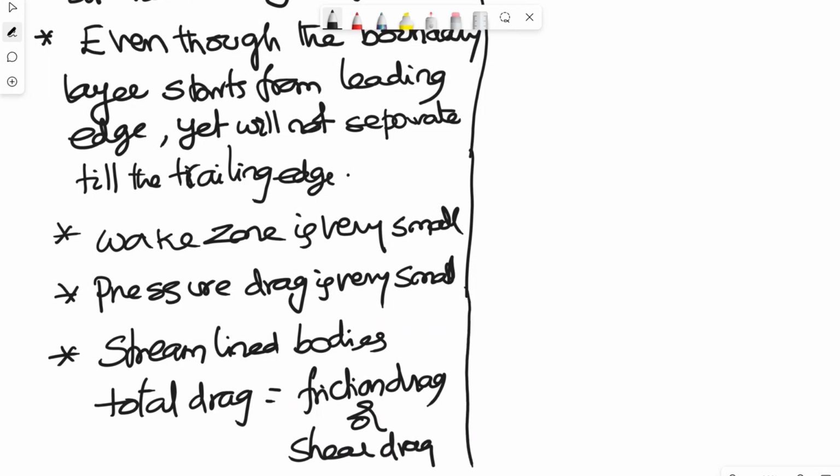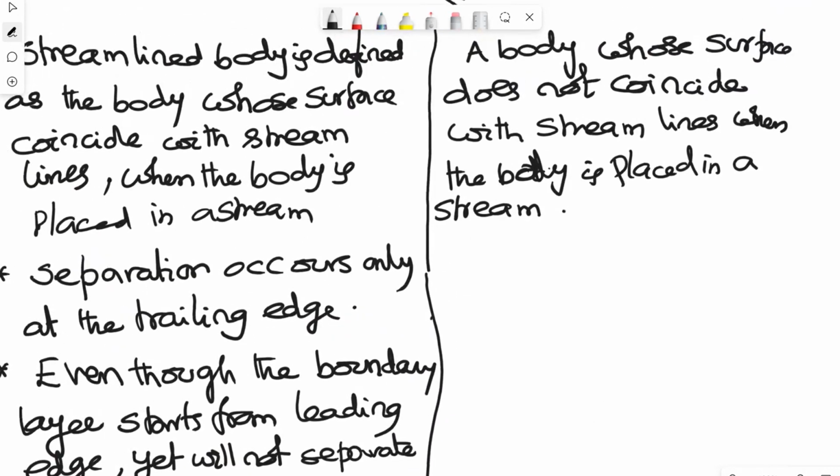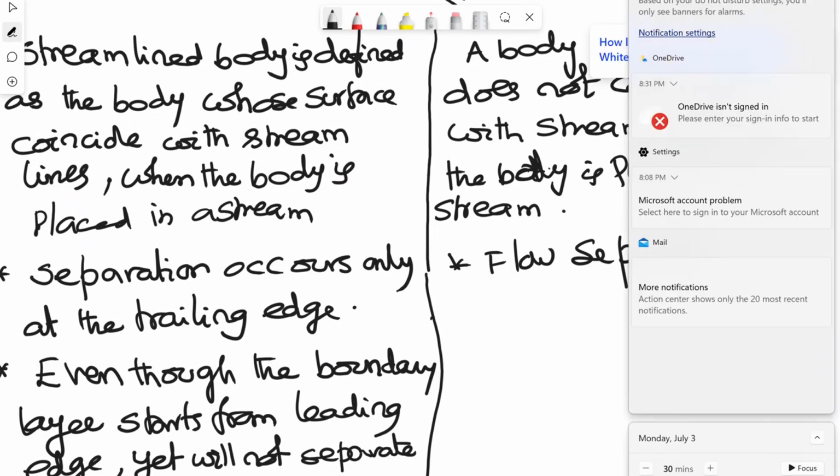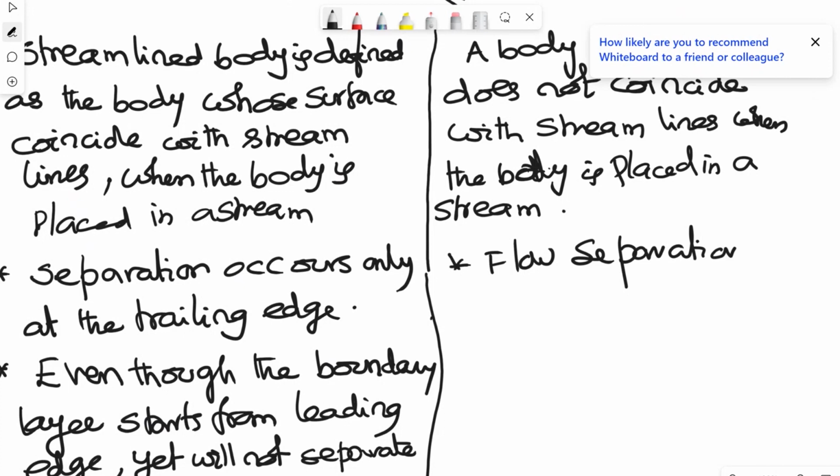Now if I go to the other one, the second one, what happens here? Flow separation occurs very, very nearby.